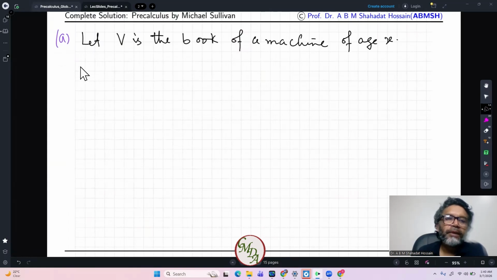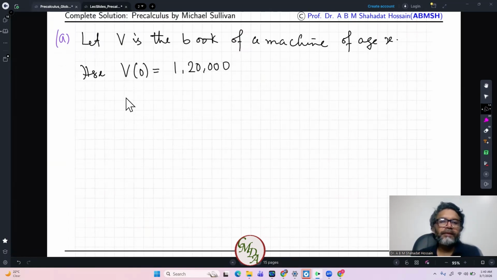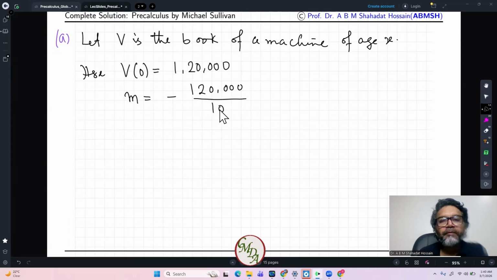Here clearly V0 is $120,000 and the price depreciates by the straight line method. So the slope is minus 120,000 divided by 10 years, so divided by 10, which is 1,200.